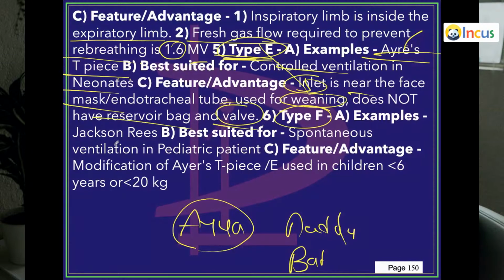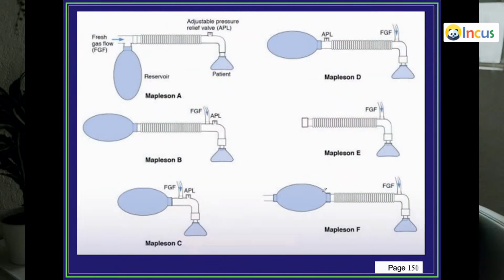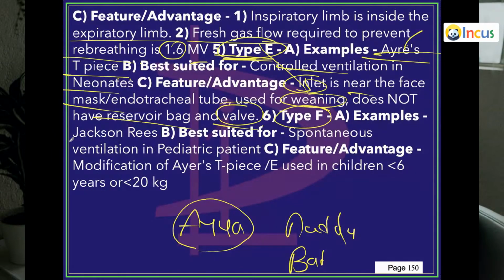Type F is also called Jackson-Rees modification. It does not have an APL. And Type F is also good for spontaneous ventilation in pediatric patients, because Type F is a modification of Type E. Type E is used in pediatrics. Type F is also used in pediatrics.